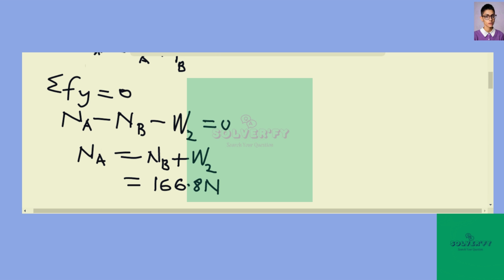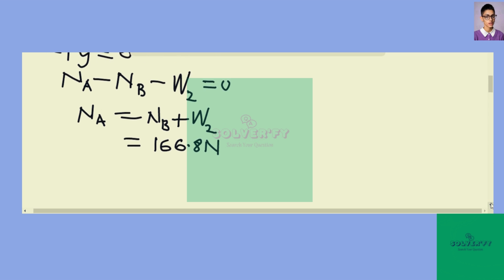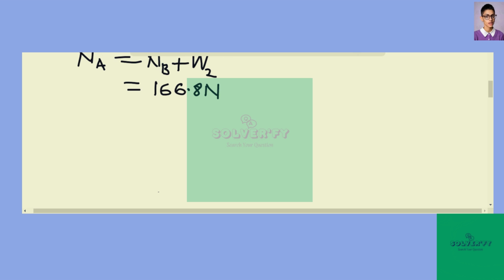Now we can look for the frictional force at A. We know that FA is equal to mu, the coefficient of static friction at surface A, times NA, the normal reaction at A. Remember that NA is W1 plus W2.